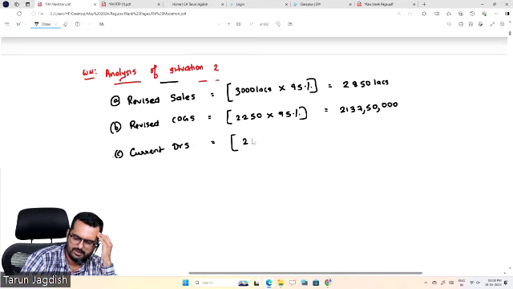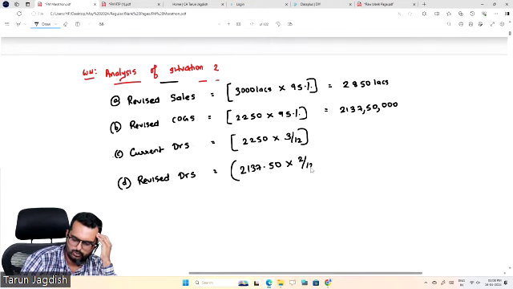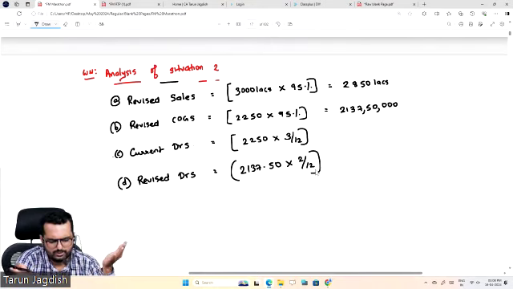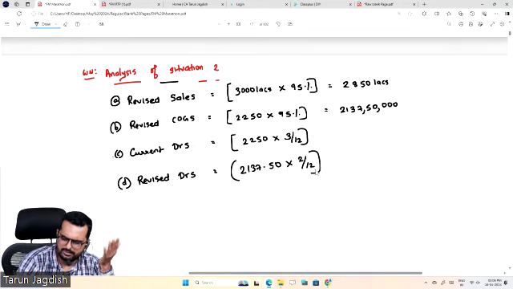Okay. Now I will write down over here current debtors. What is the current debtors? 2,250 into 3 by 12. Then I will write down revised debtors. That is 2137.5 into 2 by 12. Friends, here you can actually have different assumptions. So let's pray to God this doesn't come as an MCQ, because MCQ will have only one option, no?